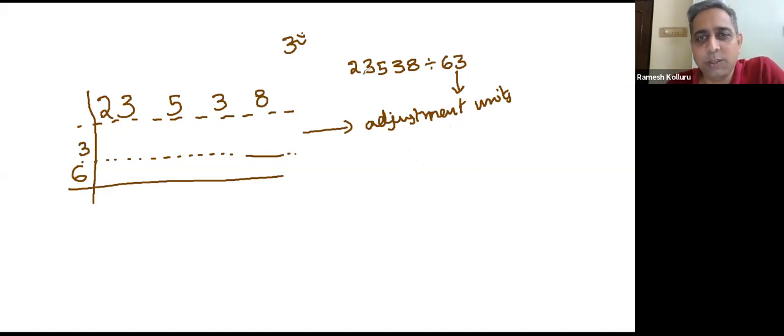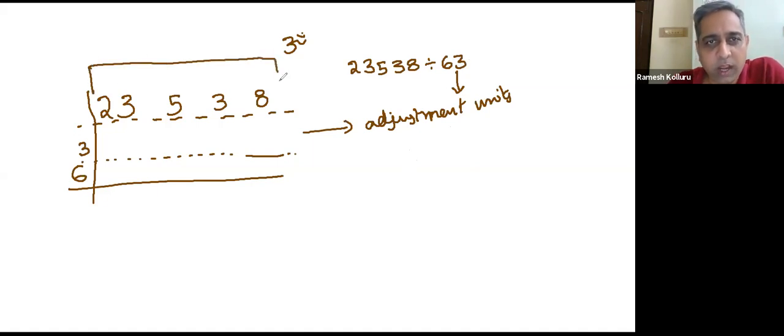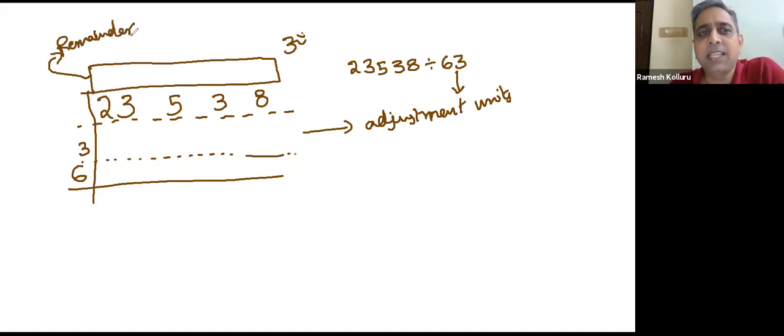In this, the question is 23538 divided by 63. In this zone, we are going to write the remainder adjustments. So we have to be clear. In the partial remainder, when we divide by 6, we will get some remainder. That remainder multiplied by 10 is what we adjust here.